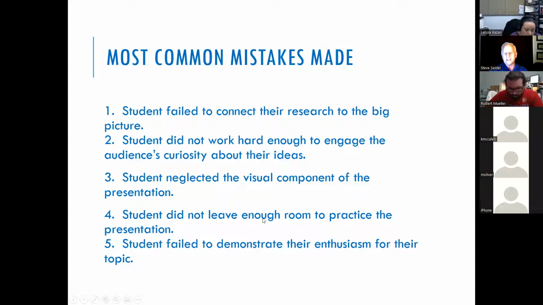The students didn't leave enough room to practice the presentation. That's the killer. Okay. If I would recommend anything, it's the student that gets their talk done early and then starts rehearsing like crazy so they actually have everything memorized. Because you get to different levels. This takes me back to my dissertation days.